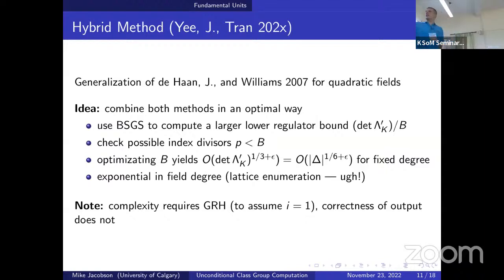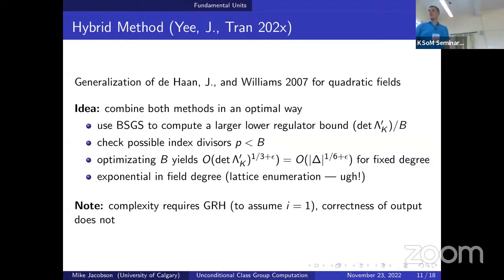And again, the delta 1/6 comes from assuming, under the GRH for example, that the index really is 1, then the determinant of lambda prime is of the order delta 1/2, and that's to the power of 1/3. If you remember my tables of racing things with different powers of delta, knocking that exponent down makes a big difference.